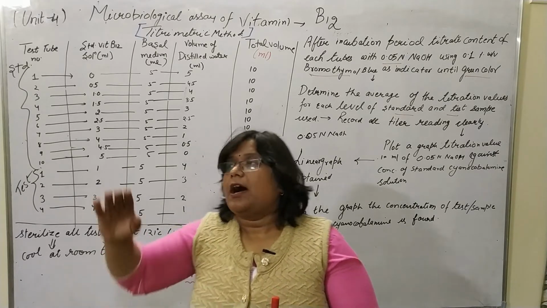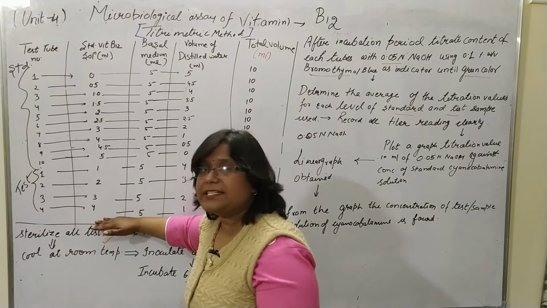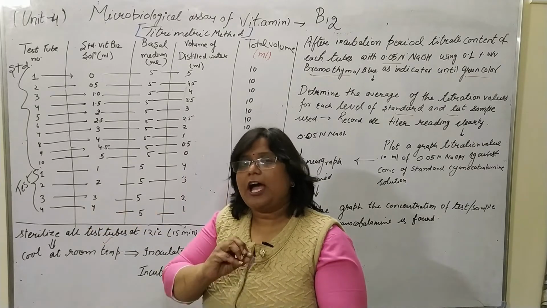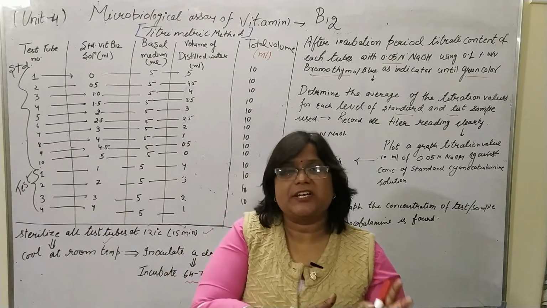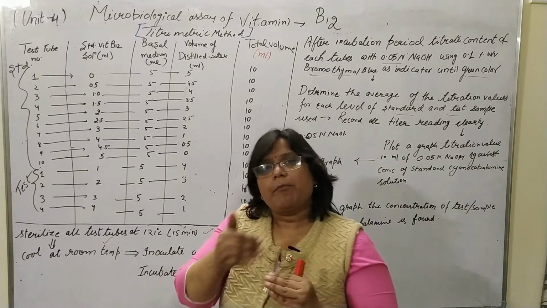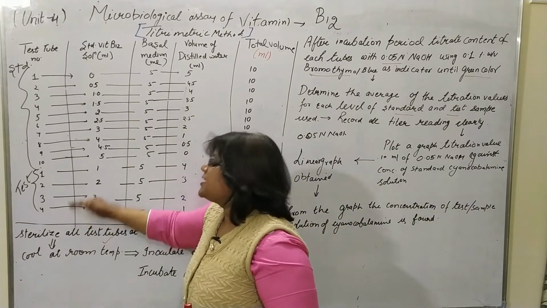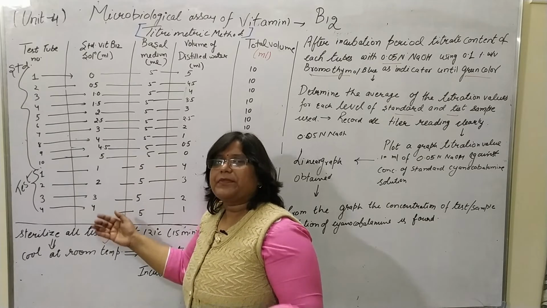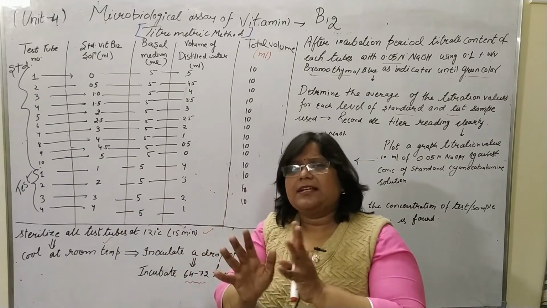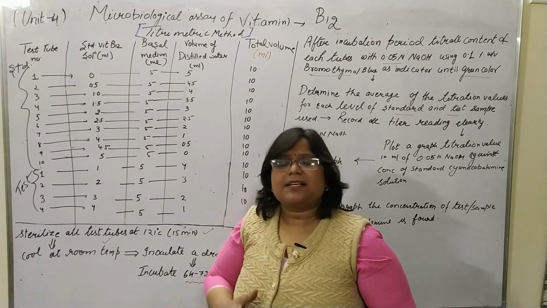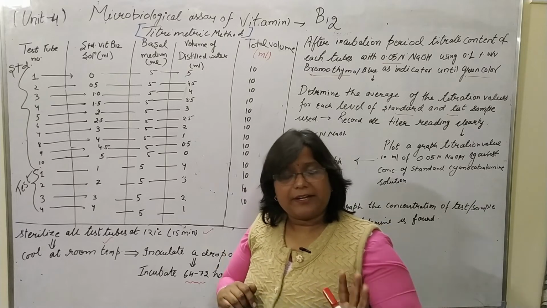Okay, so up to this reading, you have to keep everything the same as in the turbidimetric method. But after this tabular form, do one thing extra as compared to the turbidimetric method.